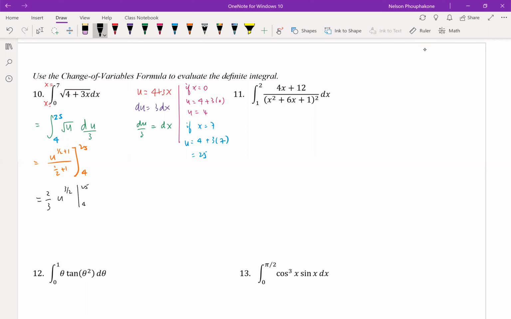I forgot to multiply 1/3 in front of it.